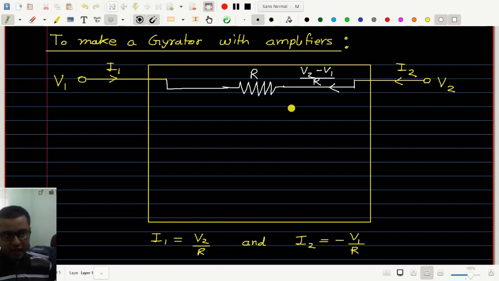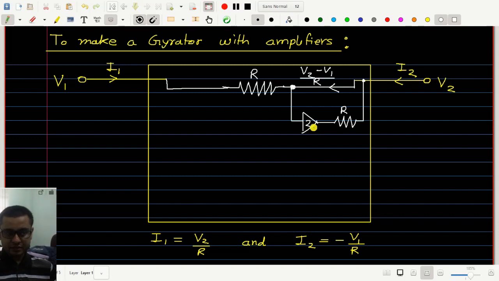For that, I will take an amplifier like this with gain equal to 2 and I will connect it with a resistance R, and the other terminal I will connect here.